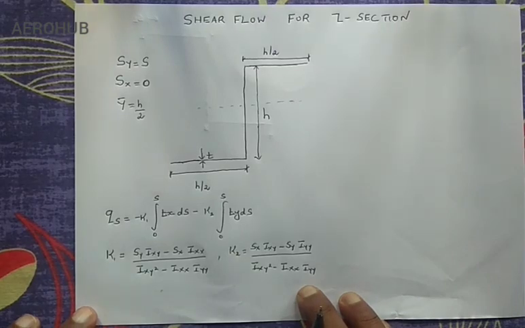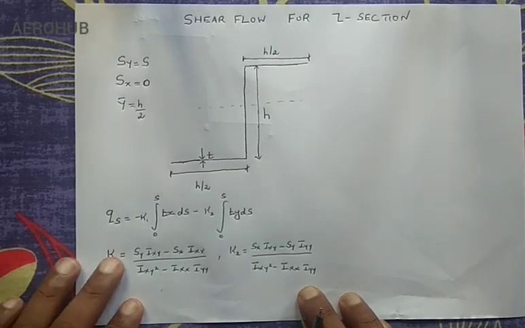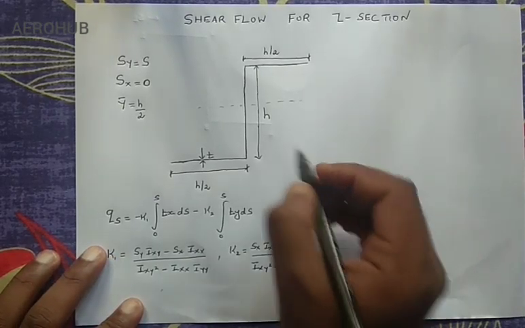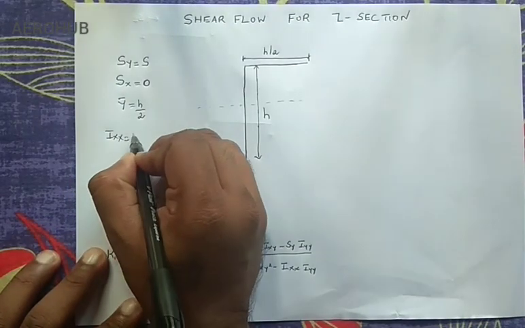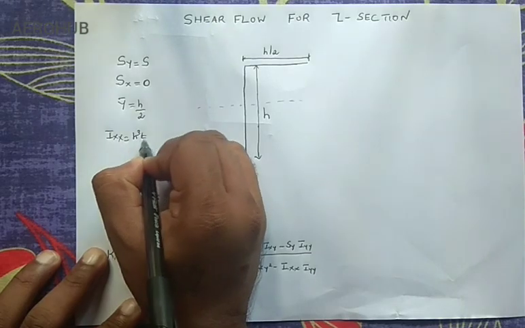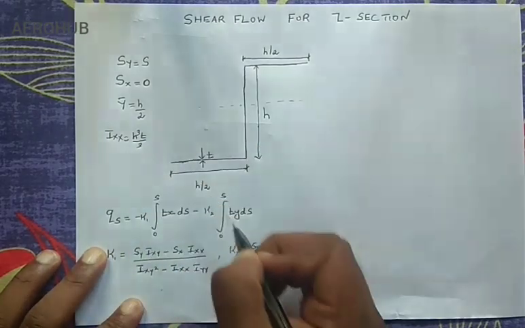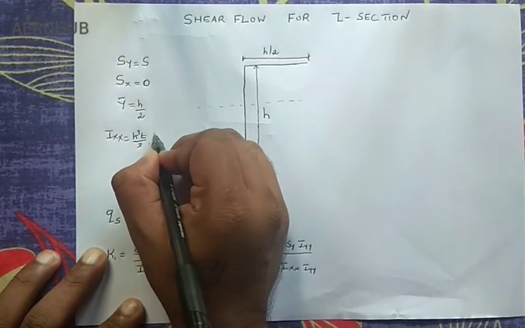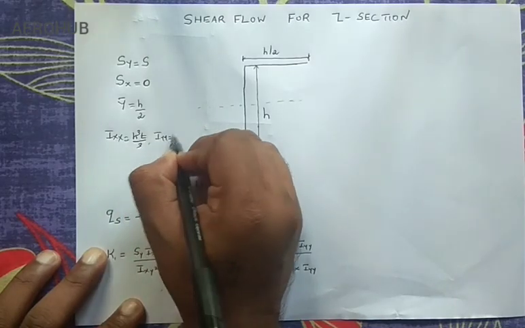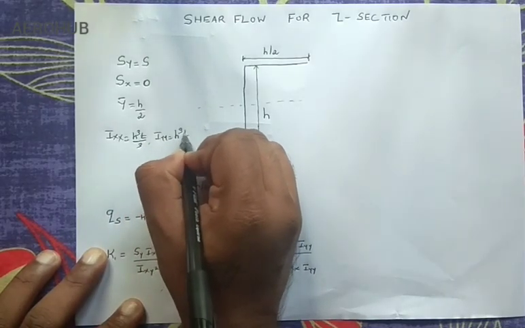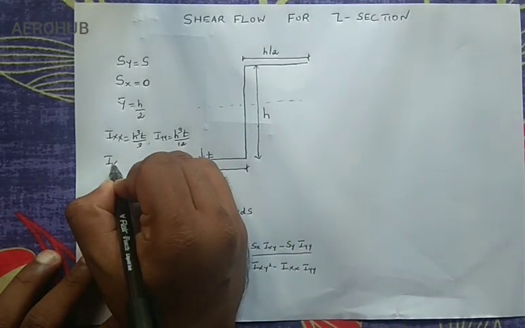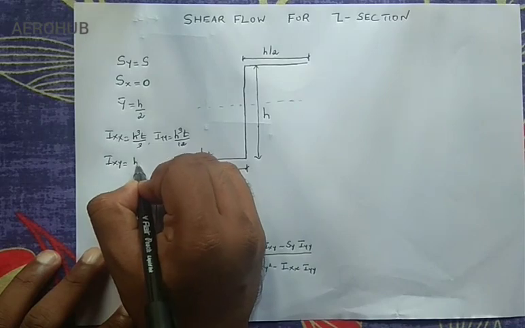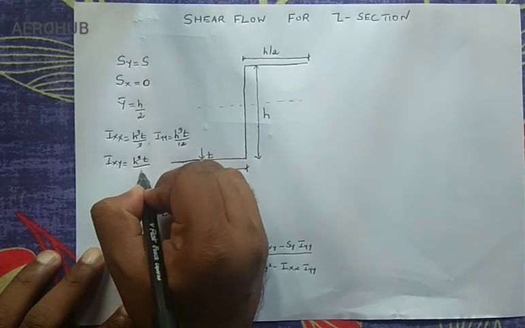There we derived Ixx equal to h cube t by 3, Iyy equal to h cube t by 12, and Ixy, the product moment of inertia, equal to h cube t by 8.